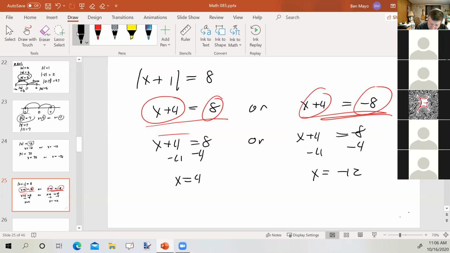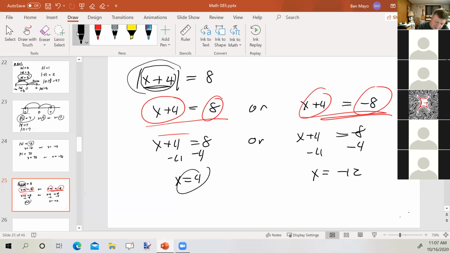If x is 4, and I put 4 in there, what's 4 plus 4? 8.